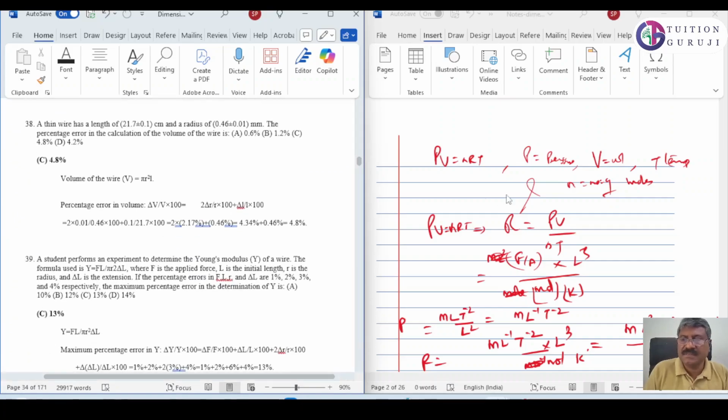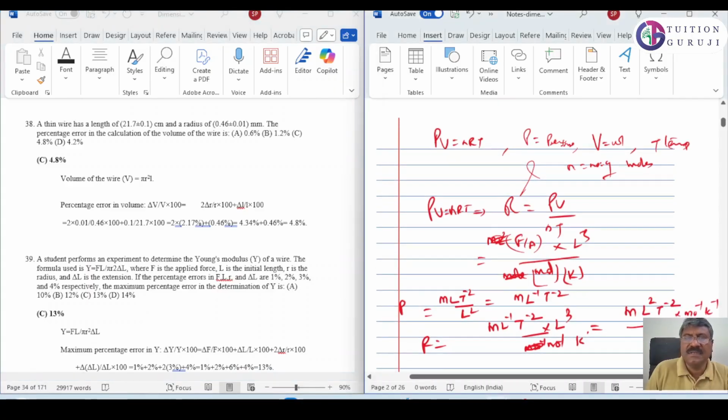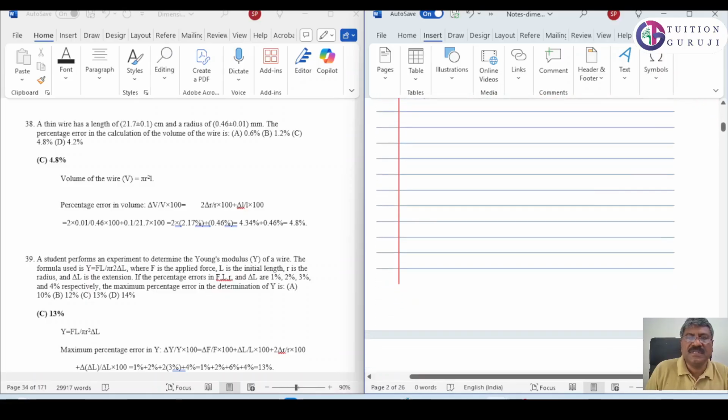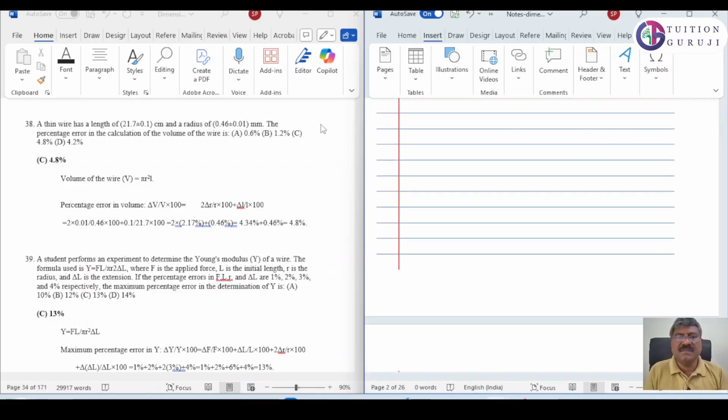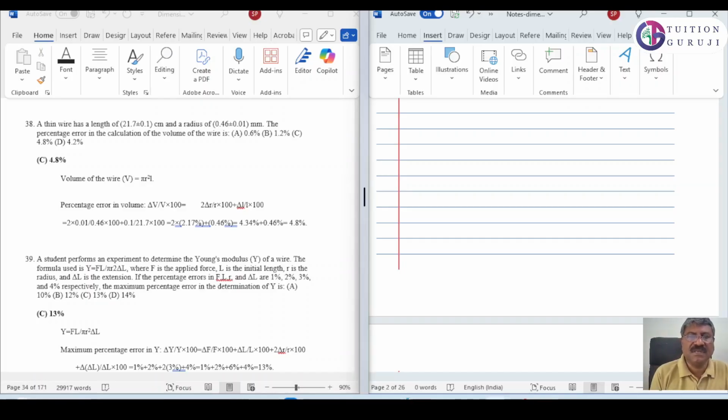A thin wire has length of 21.7 plus or minus 0.01 centimeter and radius of 0.46 plus or minus 0.01 mm. The percentage error in the calculation of the volume of the wire is. So we have to find out the percentage error in the volume of the wire, because this is a cylindrical shape.